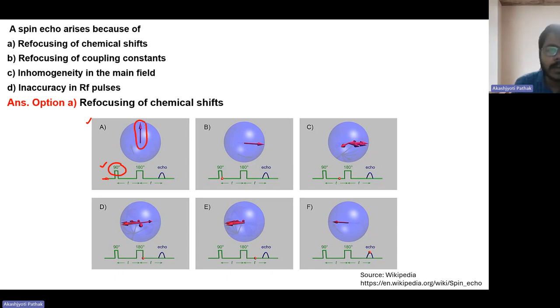So if I'm trying to tip my bulk magnetization from the plus z axis to, say, the plus y axis, with this as x, this as y, and this as z, my bulk magnetization was initially along plus z, and it tipped to plus y. In which direction did I apply the RF pulse?